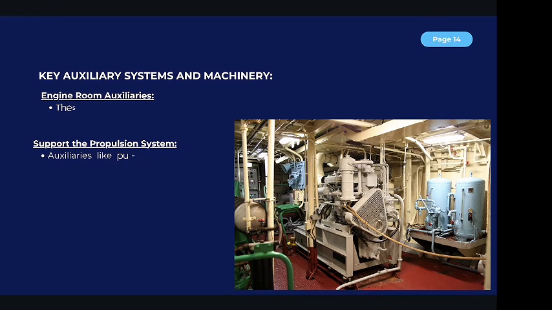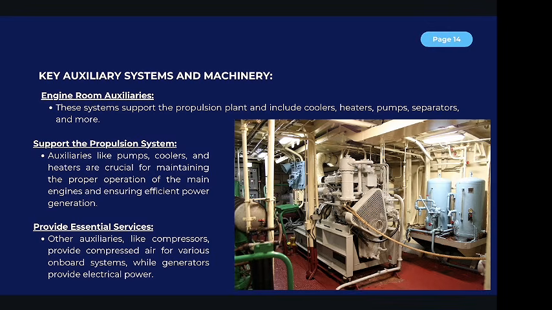So next we have what we call the engine room auxiliary. These are the non-propulsive machinery and equipment that support the operation of a ship's main engine and other onboard systems.